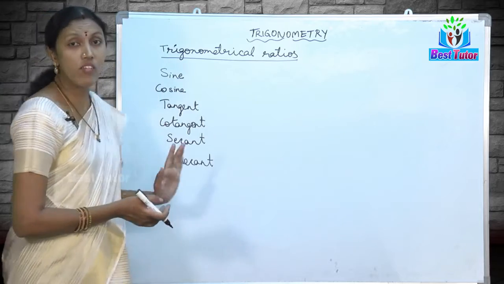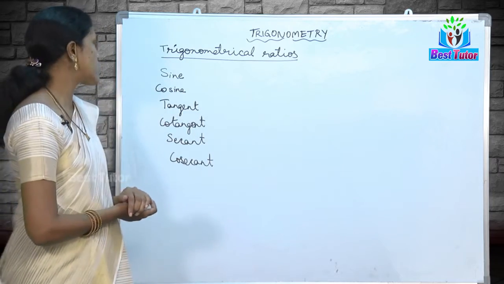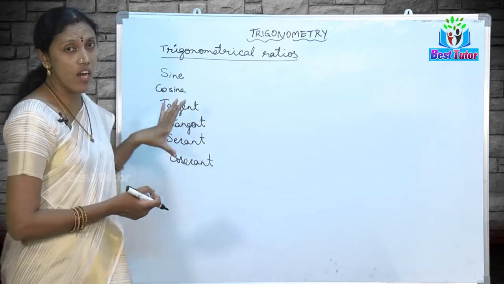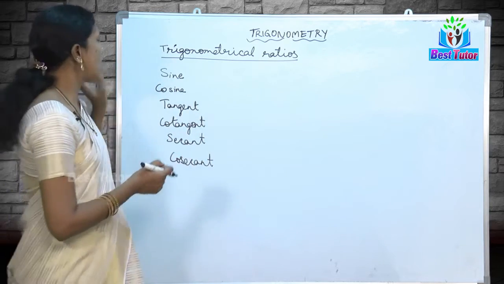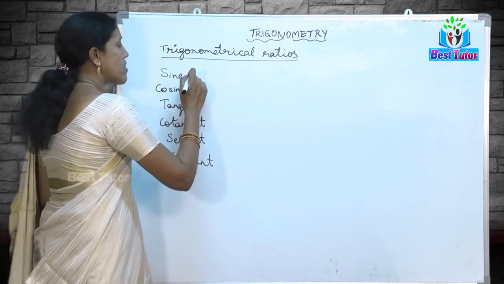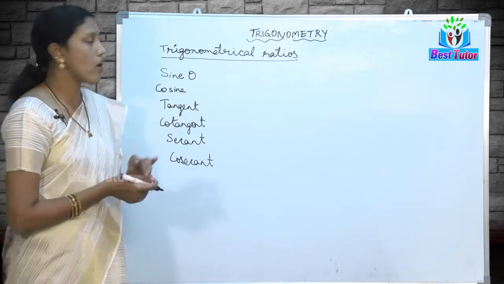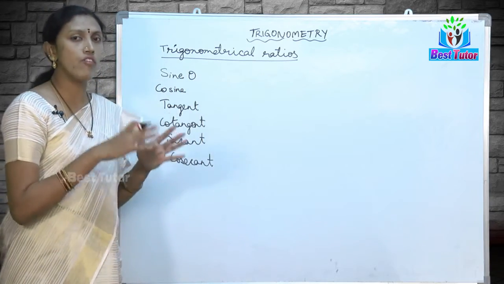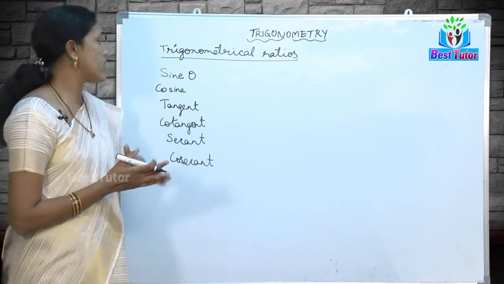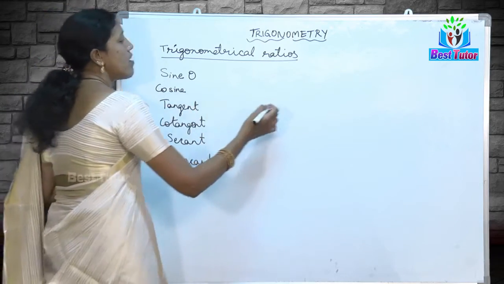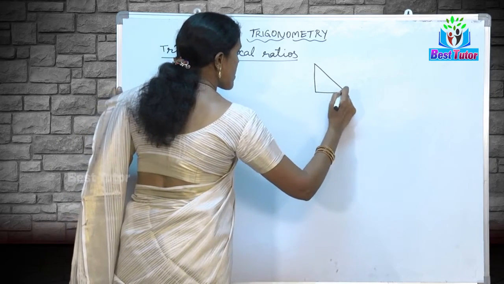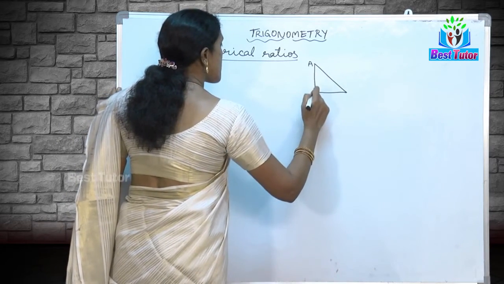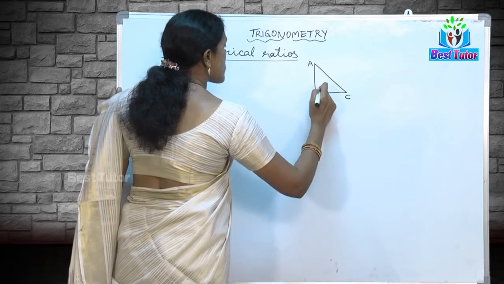Now what are the basic definitions of these trigonometrical ratios? These words as such are meaningless unless they are applied on an angle. Sine is meaningless, sine theta is meaningful, or sine of angle A or sine of some other angle. It makes sense. So similarly we consider a right angled triangle ABC where angle B is 90 degrees.